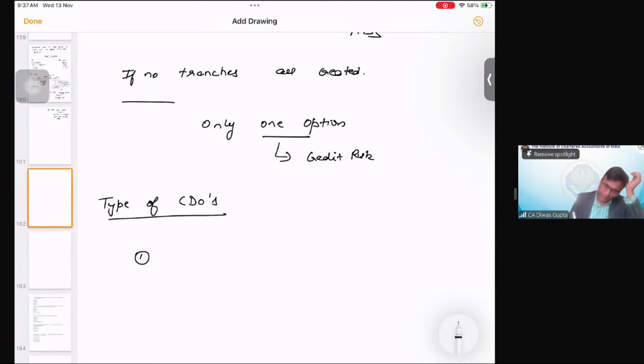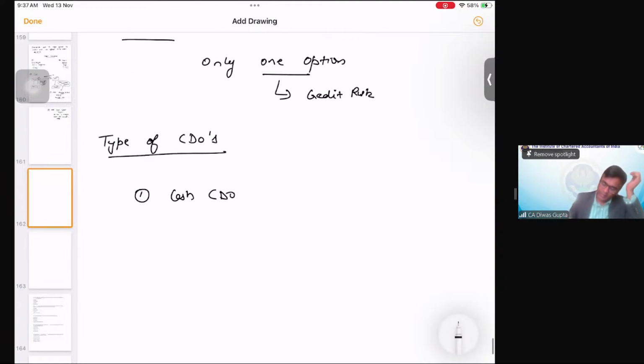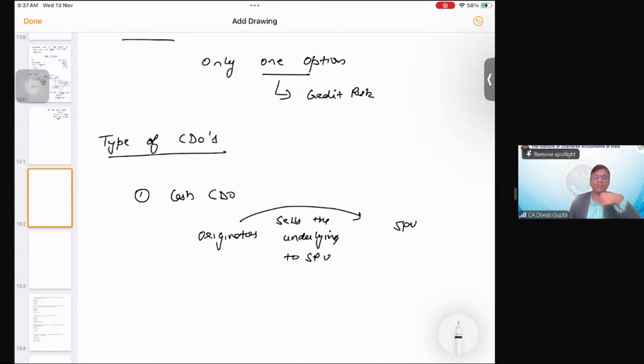One is cash CDOs. In this case, the originator sells the underlying to the SPV and realizes cash. Okay, it's an actual transfer of the underlying.